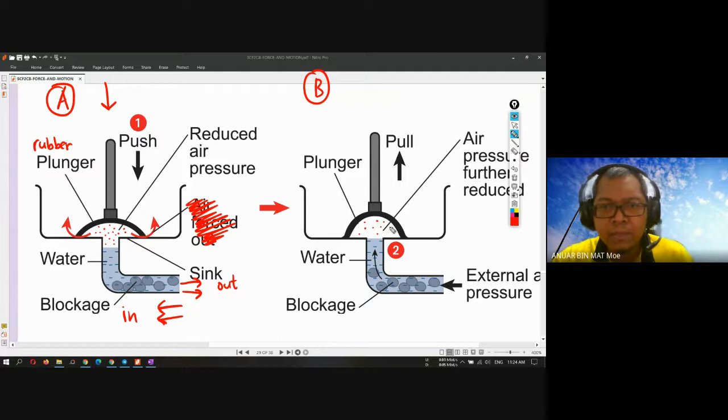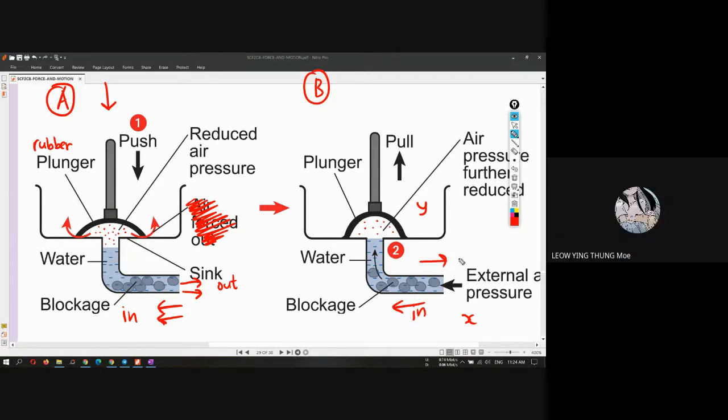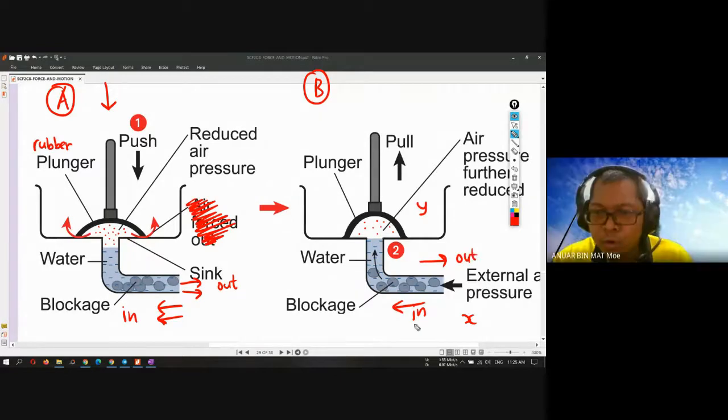The air pressure becomes lower. The outside pressure at X becomes higher. So what happens? Will the blockage go in or go out? Go in. Yes, it will go in. This one goes out, and this one goes in.